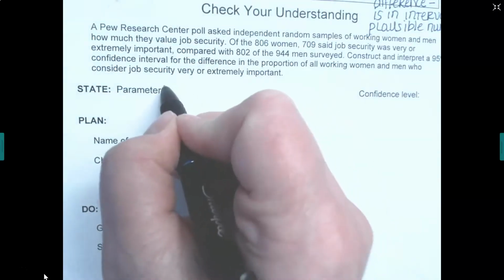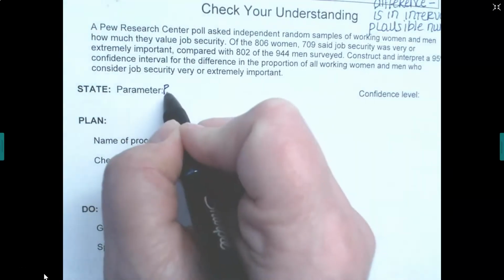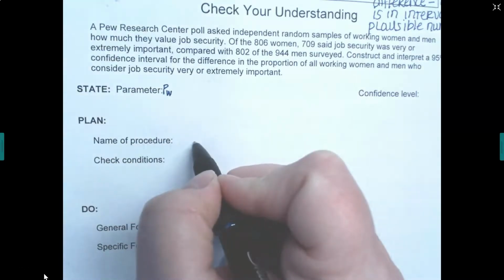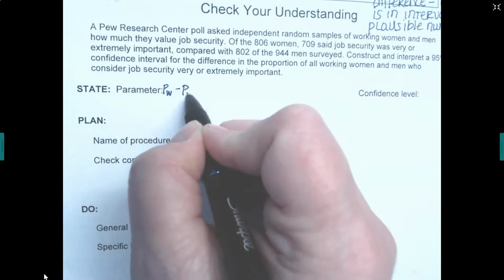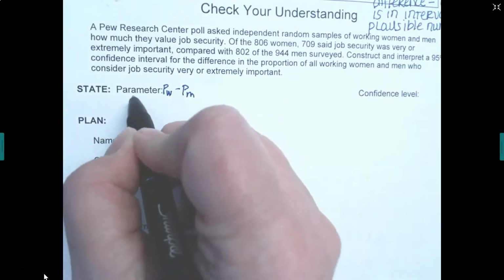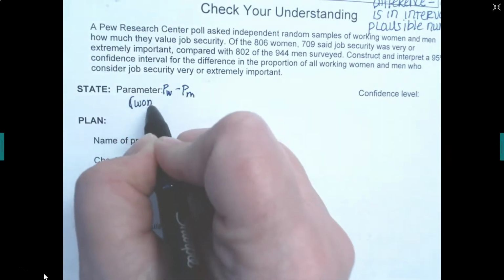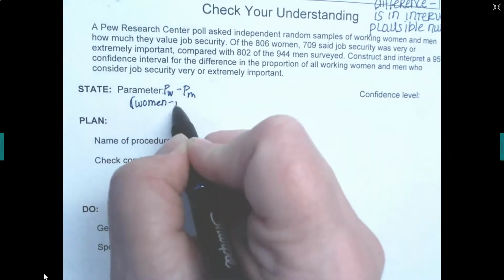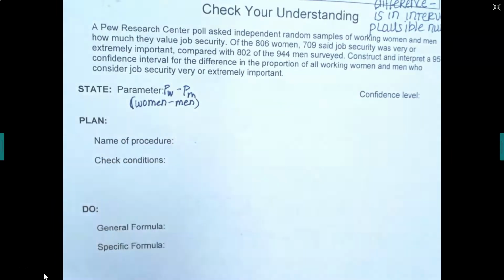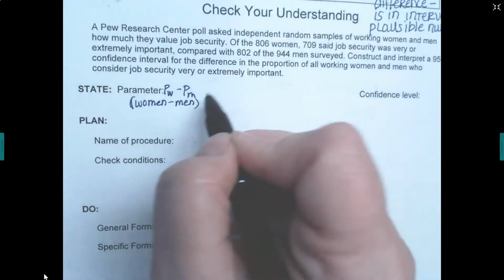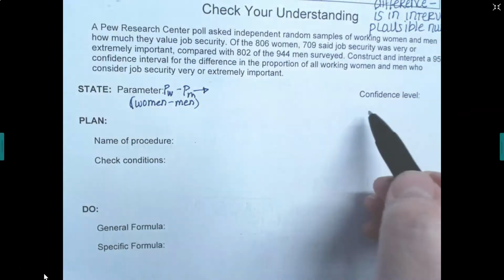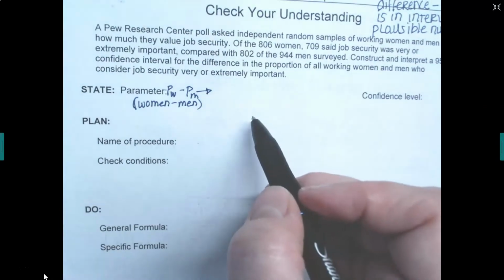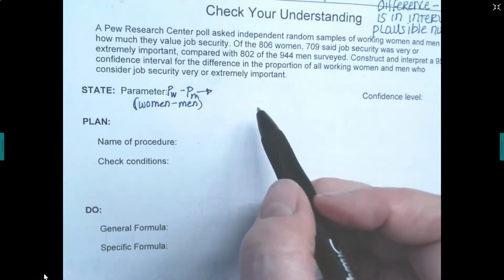So I'm going to write, the women were listed first, so I'm just going to write the proportion of women minus the proportion of men. And I'm going to write down here, just to help with this, women minus men. I've defined it now, so my reader knows what I'm doing. And then this is the true difference in proportion of all working men and women.